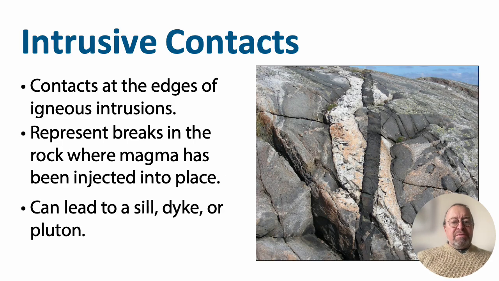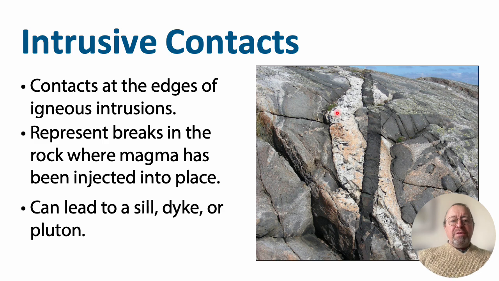Another type of geological contact that we see on maps is intrusive contacts, right? This is where liquid magma has been injected into place within a pre-existing rock. It could be an igneous rock, it could be a bedded sedimentary rock. You can see in this picture we have at least two generations of intrusion going on.